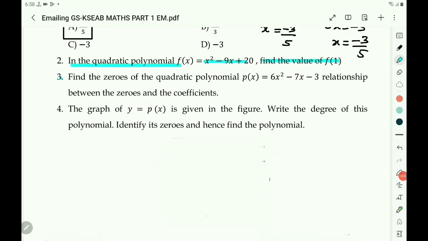Question number 3. Find the zeros of the quadratic polynomial p(x) = 6x² − 7x − 3, and verify the relationship between the zeros and the coefficients. Here, write the quadratic polynomial p(x) = 6x² − 7x − 3.